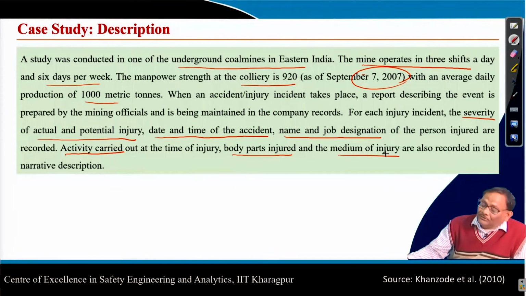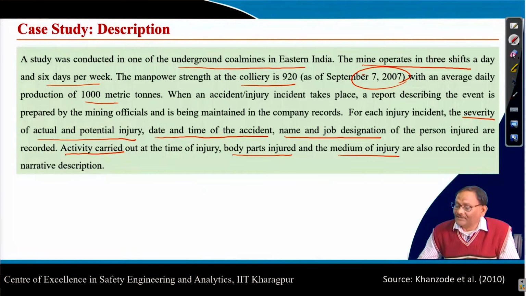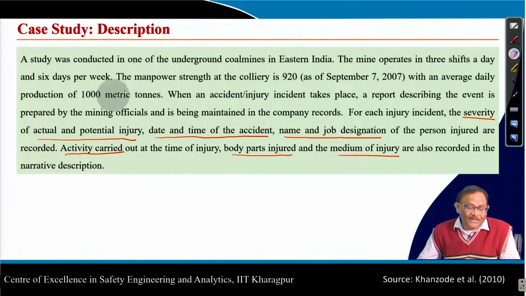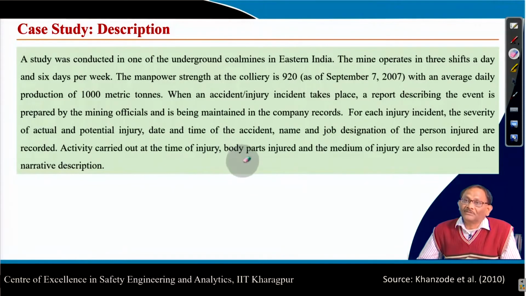So you all know that mining is a very hazardous occupation, and this incident recording scheme in mines is very robust in nature, because you have to have such a recording scheme, and it is being practiced.